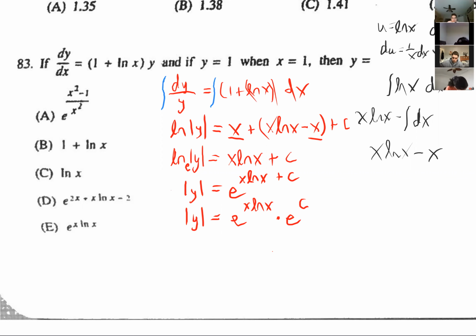So now I'm going to say the absolute value of y equals, someone speak up again. What's another way to write e to the c? C. A number raised to a number is still a number. So e is a number, c represents a number. So that's just going to be some constant, times e to the x ln of x.